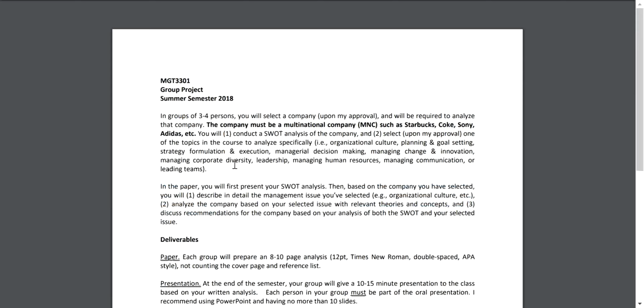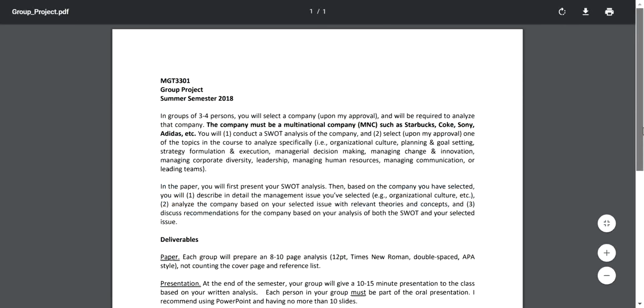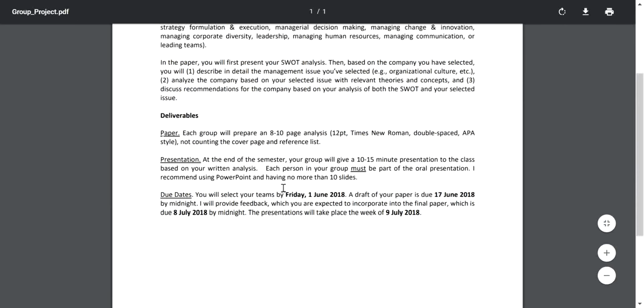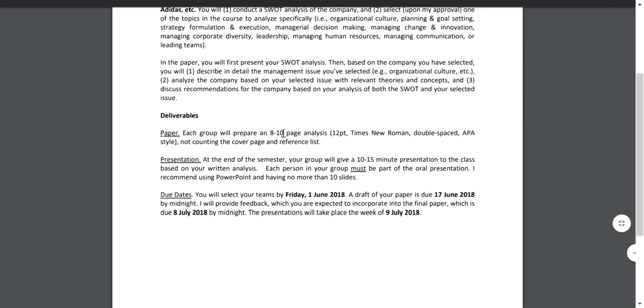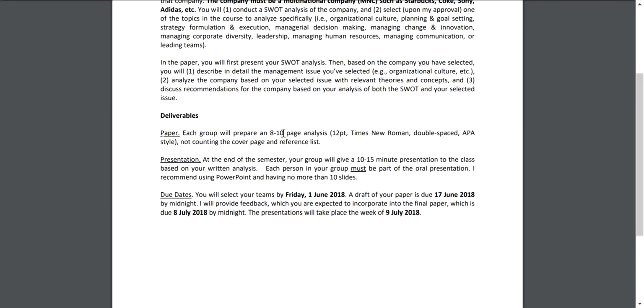Okay. One student asked me, "Is it all right if we go beyond 10 pages?" Yes. I'd say let's call it 10 to 15 pages, because the SWOT analysis itself was something like 5 pages, and I'm expecting everyone to include an introduction and a conclusion, and that's probably a page right there.